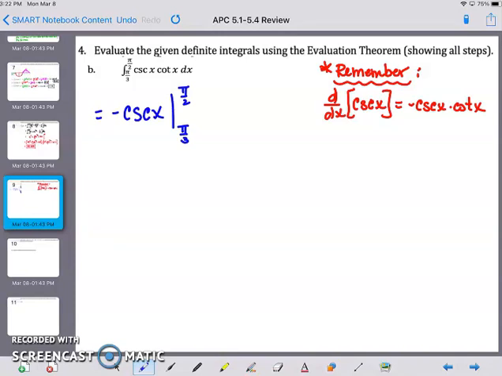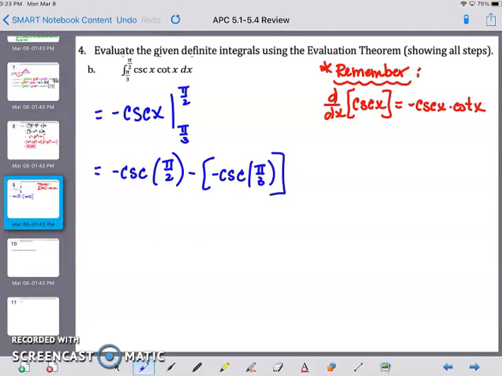Negative would come along, and then the derivative of cosecant would be negative cosecant cotangent, so the two negatives would cancel and make a positive, and we'd get right back to where we started from. So then I know that I'm correct with this. So now I'm going to use the evaluation theorem, and so this is just going to be negative cosecant of pi over 2 minus negative cosecant of pi over 3.